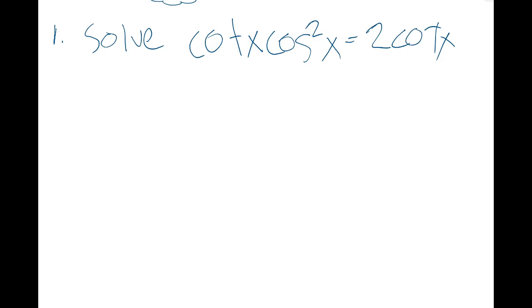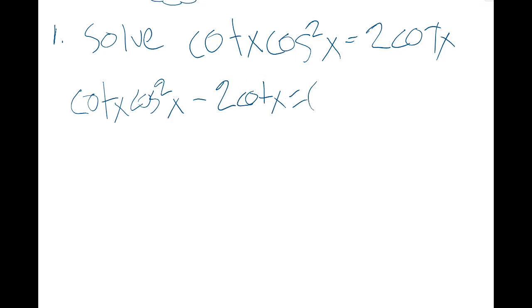The first thing we're going to do is subtract the 2 cotangent x from one side to the other, so that all of it equals 0. Then we're going to factor out a cotangent x.